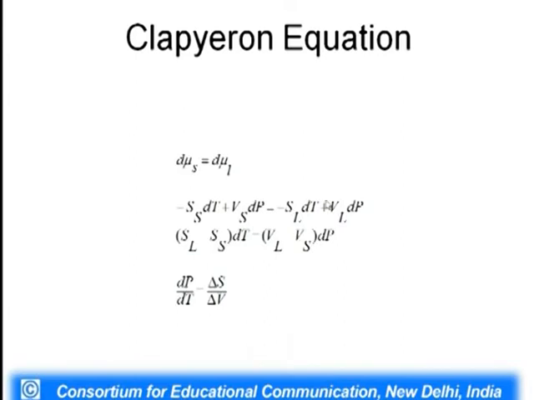If we manipulate this, bring Sl this side, take Vs this side, we will get Sl minus Ss dT is equal to Vl minus Vs dP. So, we can calculate dP by dT, and dP by dT is equal to delta S by delta V. This is a very important equation which describes how phase changes, or what is known as the phase diagram, which is basically nothing but the pressure versus temperature diagram.